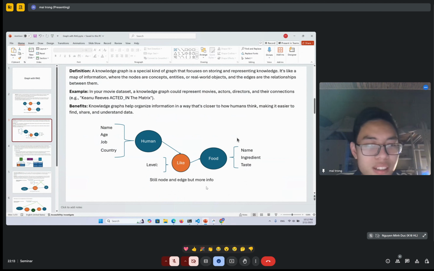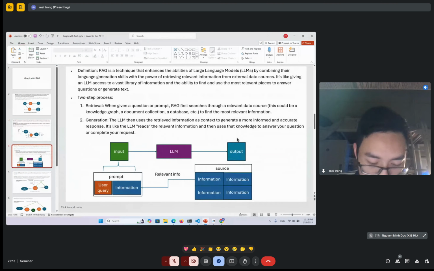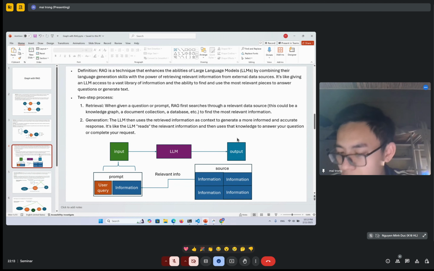You may wonder what graph with RAG is, what we're gonna do about it. So I also talk about RAG. It's very simple. When you pass an input to an LLM, you receive the output. But the quality of the output depends on what is inside the input.